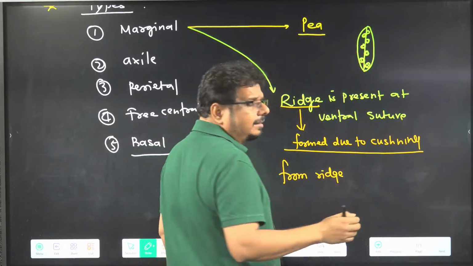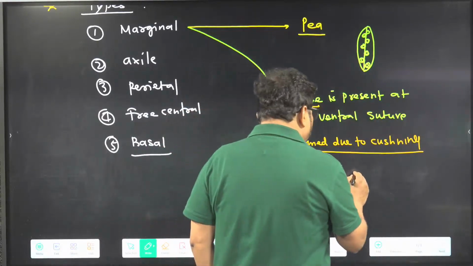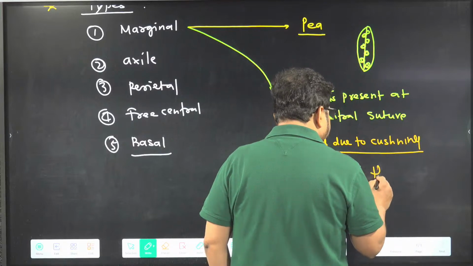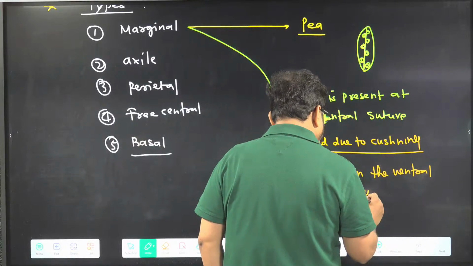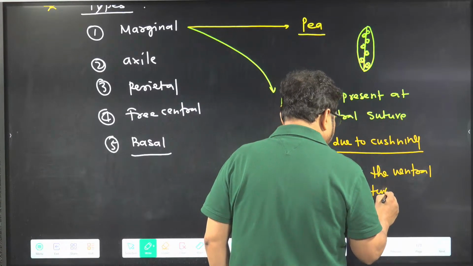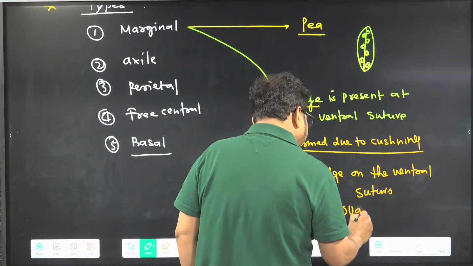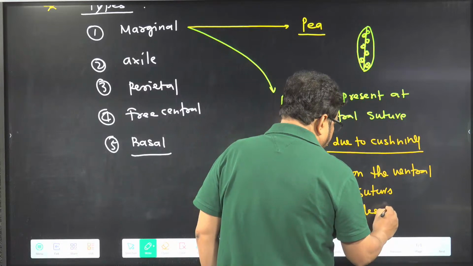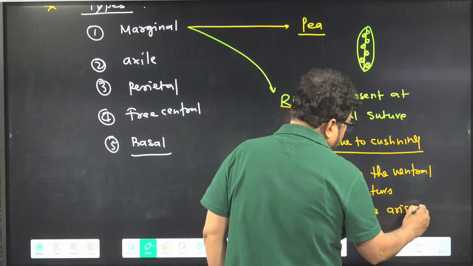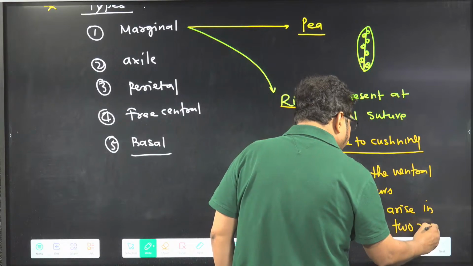I told you, the edge of a mountain is called a ridge. From the ridge on the ventral suture, ovules arise in how many rows? In 2 rows.